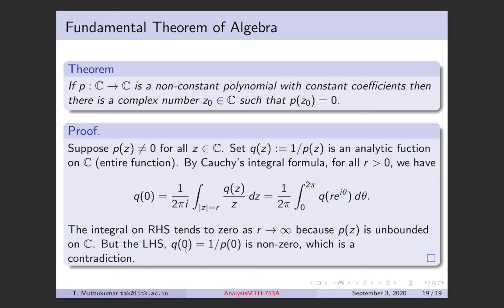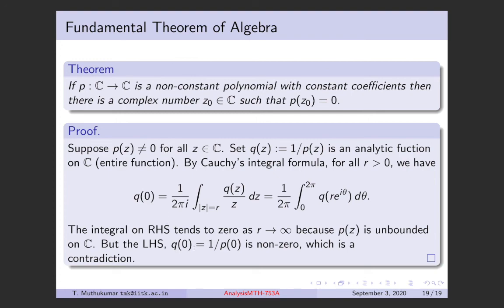So this is a non-zero number. So this is a contradiction. We started with a wrong assumption here, the assumption that p has no root. That is false because we have a contradiction.